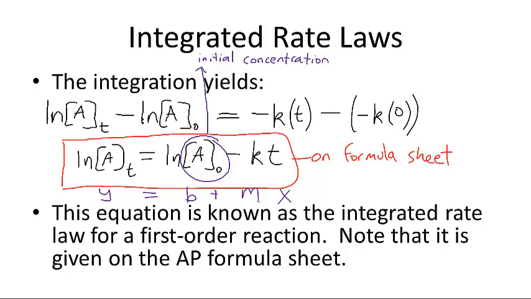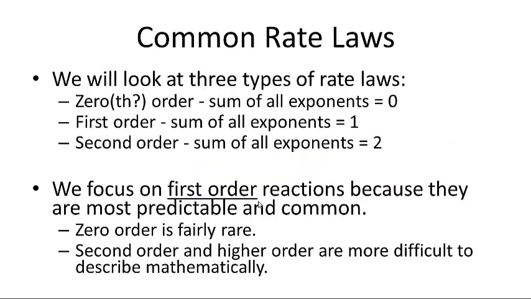Yes. So if I plot natural log of concentration on the y-axis, and I plot time on the x-axis, what I'm going to get is a straight line. And the slope of that straight line will be negative k. All right. So let me say that again.